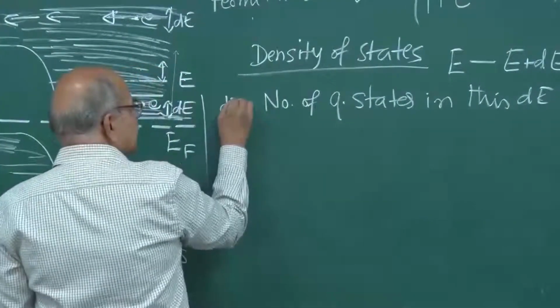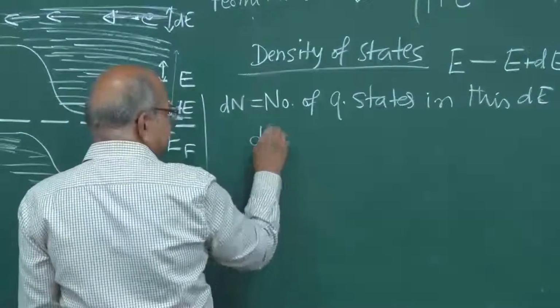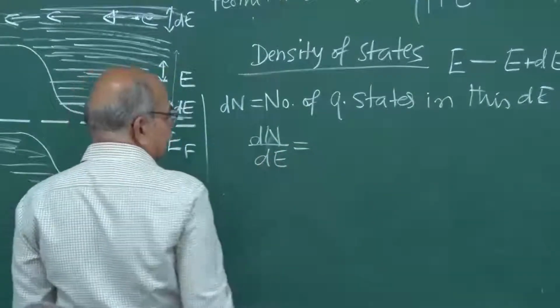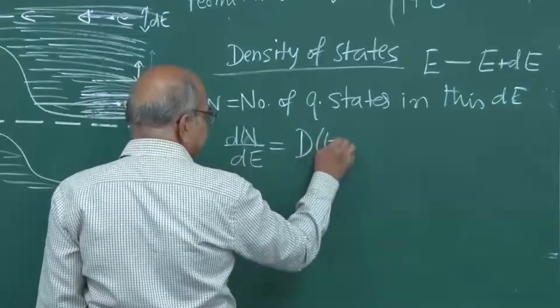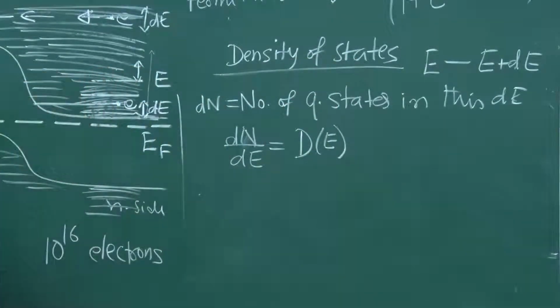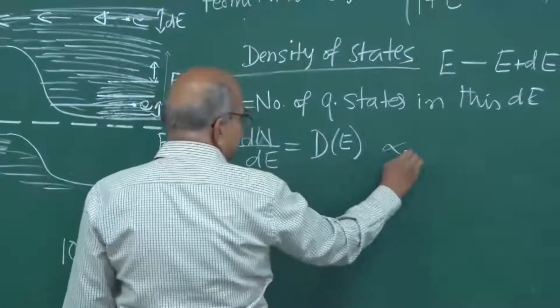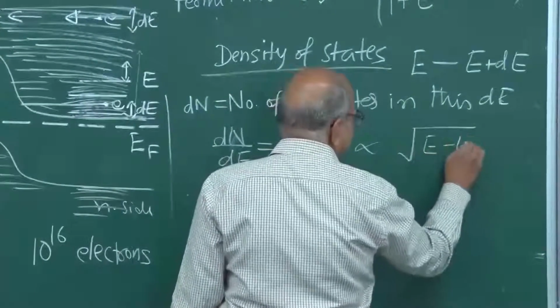If this number is dN, then dN over dE is known as the density of states, which you can write as capital D(E). In the conduction band, it turns out that D(E) is proportional to the square root of E minus EC.